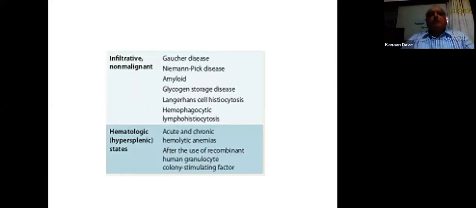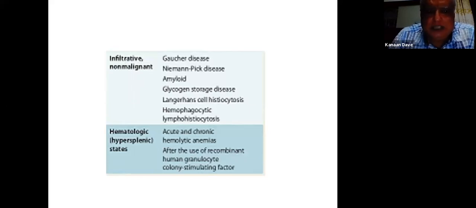Then the non-hematological infiltrative disorders, non-malignant, we have Gaucher's disease. These are storage disorders, and glycogen storage disorders, other amino acid inborn errors of metabolism, diseases like Niemann-Pick, amyloidosis, Langerhans cell histiocytosis, hemophagocytic syndrome, and lymphohistiocytosis.